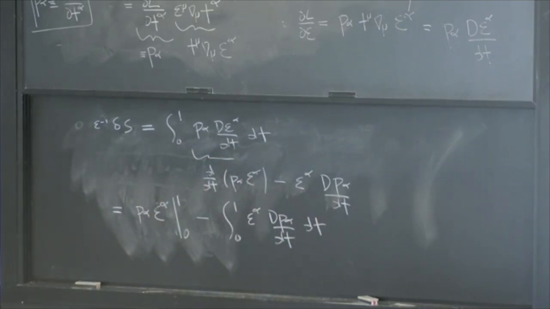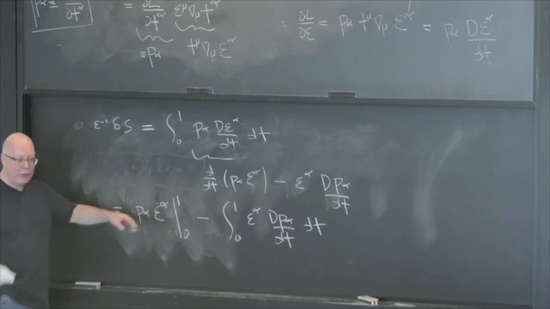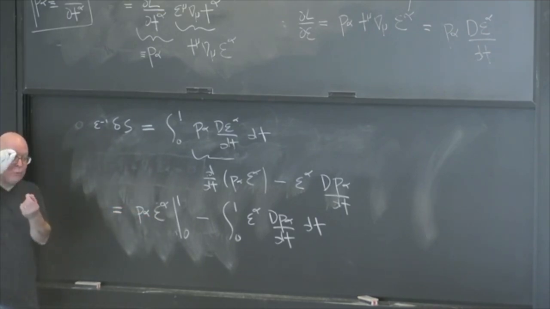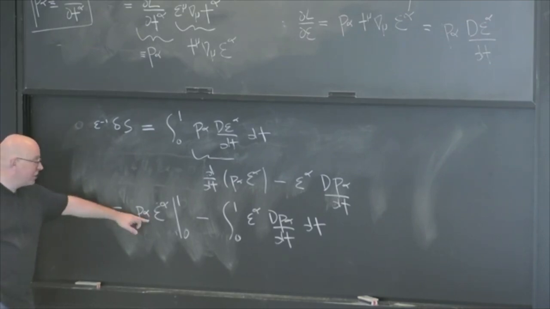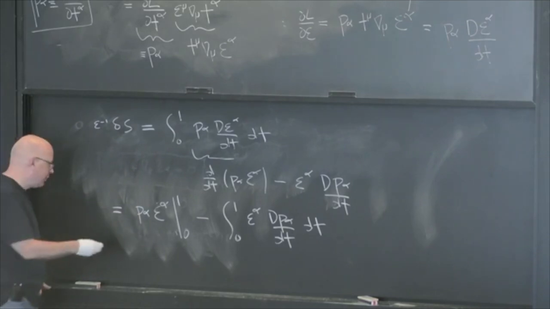And now we're done. What's the next step is to say that we're doing variations with two important characteristics. We want the deviation vector between all of those curves to go to 0 at the endpoints. We want all the curves to begin and end at the same points. That means that the epsilon vector that measures the deviation from the reference curve, that's got to vanish at the endpoints. So we're going to kill that.